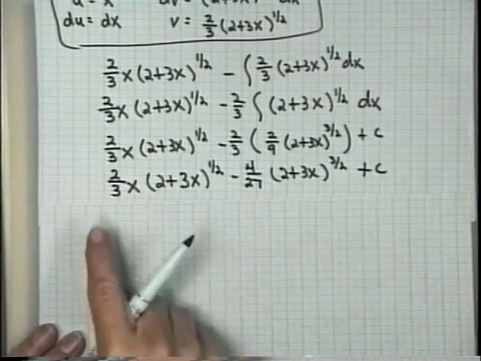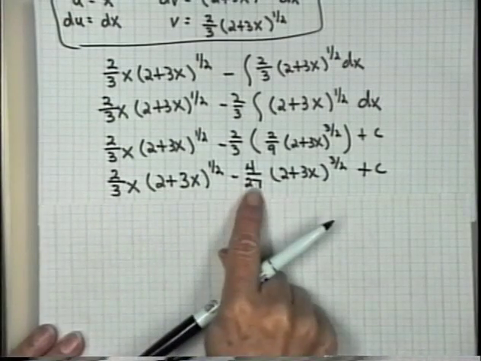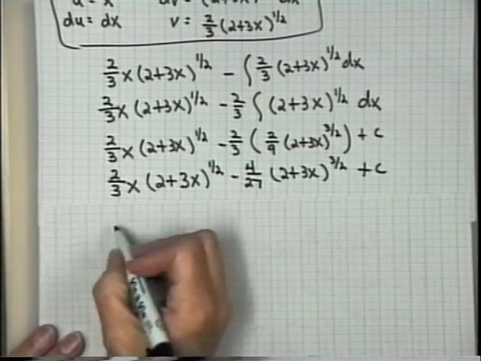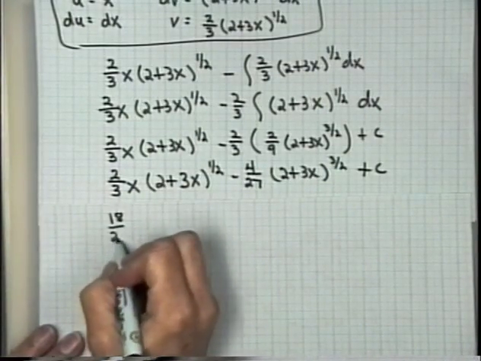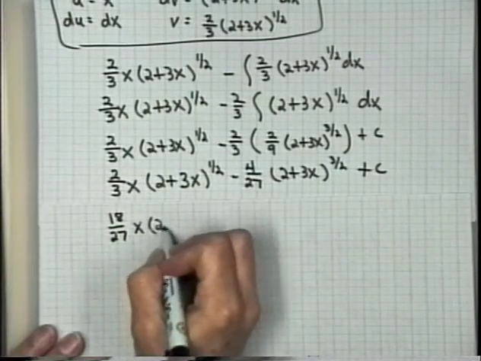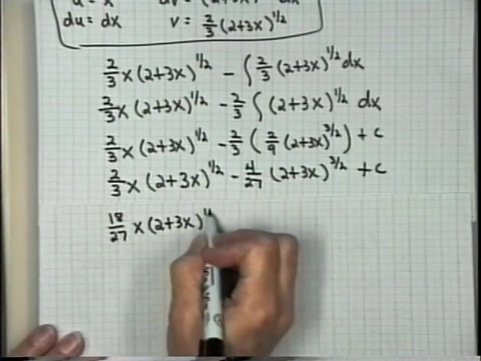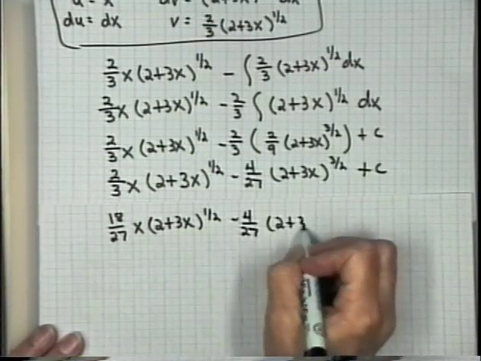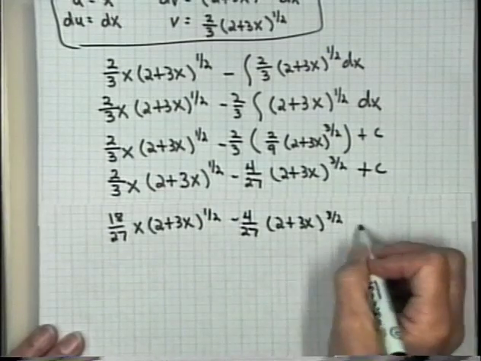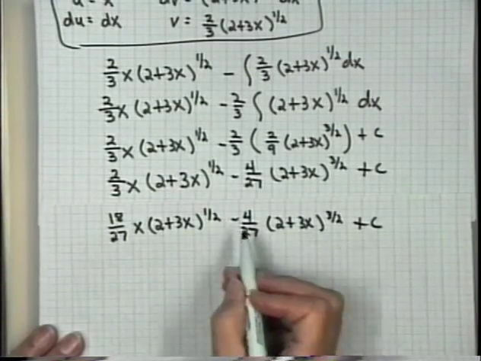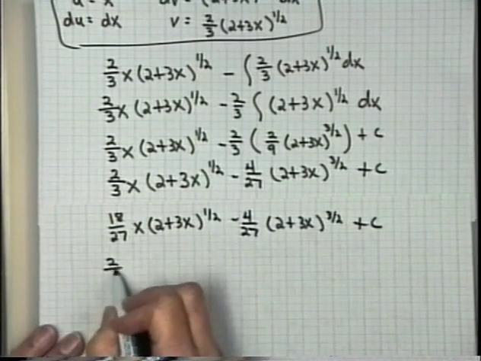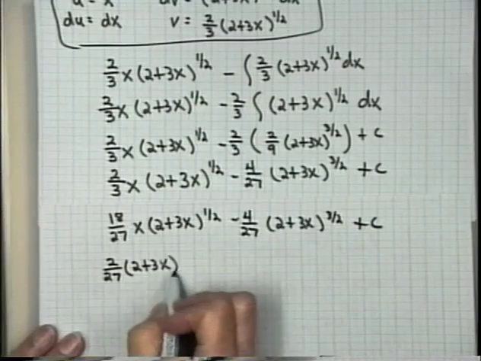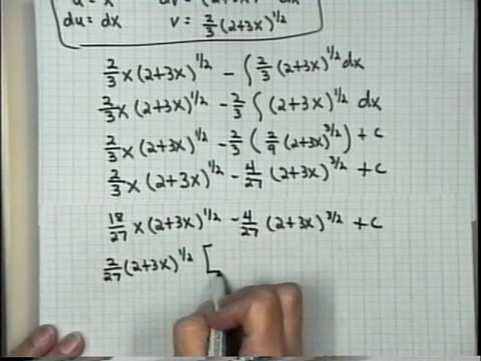To make this easier to do some factoring, I'm going to rewrite this with a common denominator with this one. So changing this to 27, I have 18 over 27x, 2 plus 3x to the 1/2, minus 4/27 times 2 plus 3x to the 3 halves plus c. Now I can factor out 2/27, and I can factor out 2 plus 3x to the 1/2 power.